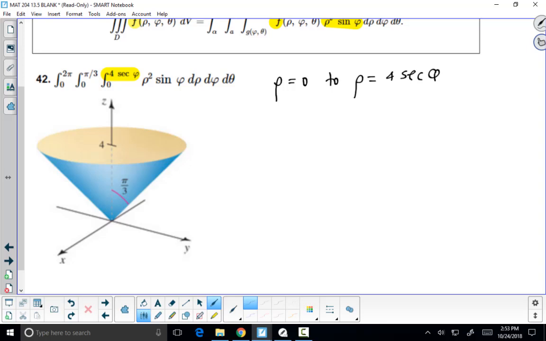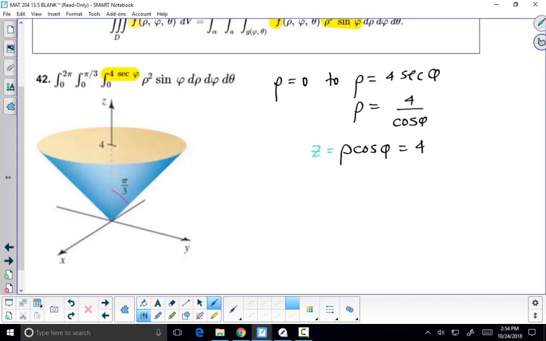Do we agree that rho equals 4 secant phi is the plane z equals 4? Well, what about if we analyze this by converting this to cosine, multiplying both sides, rho cos phi equals 4. Oh yeah, that's z. Z is rho cos phi from our picture. So that vertical triangle, the z, has phi right next to it, so that has the cosine of phi.